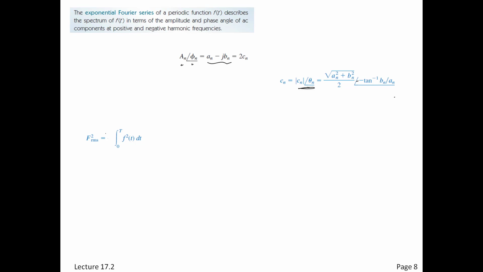Root, same old stuff, root of the mean of the square. Right? So here we have the square, right? And then we'll take the mean of it. So now we have the mean of that.